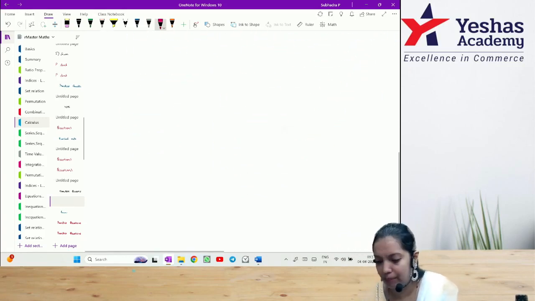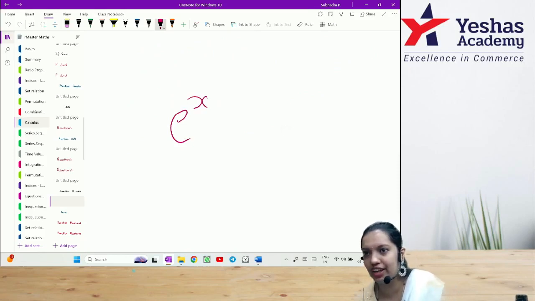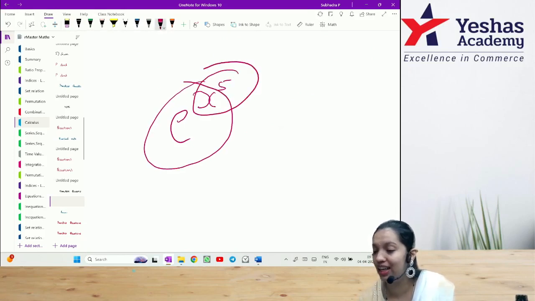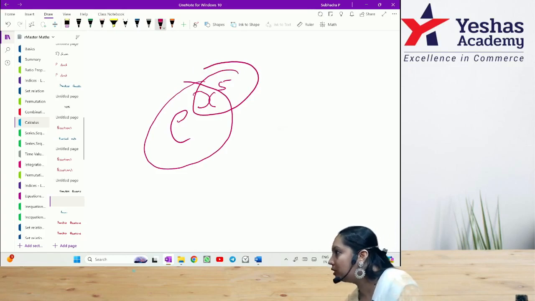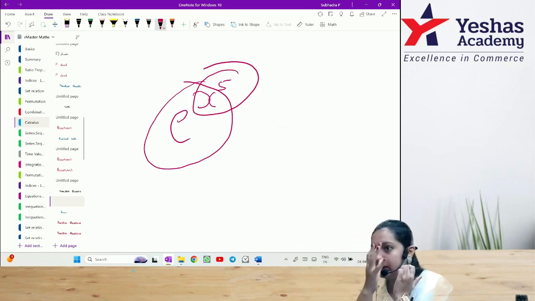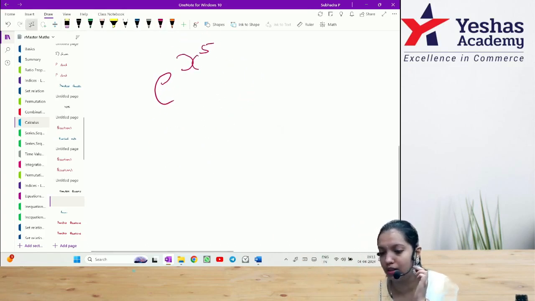Another example: e power x is fine. What if I make it e power x power 5? e power x is one thing, x power 5 is another. This is a composite function. Whenever you see a function inside another function, that is a composite function. How to do it? Look at the board.